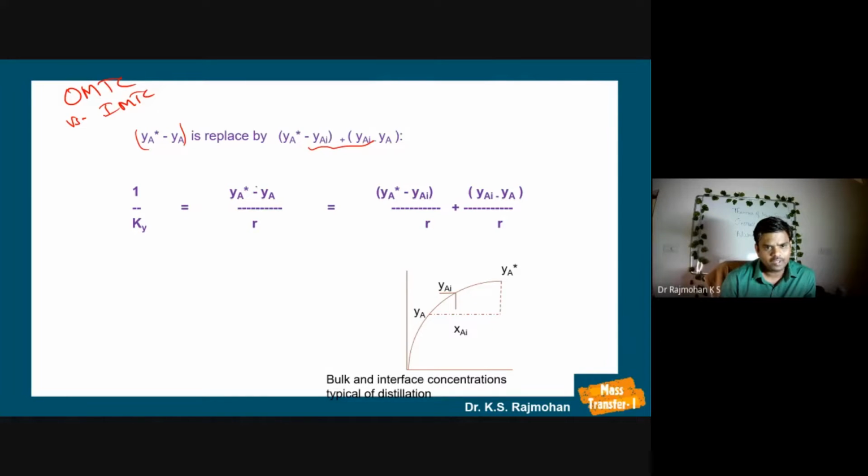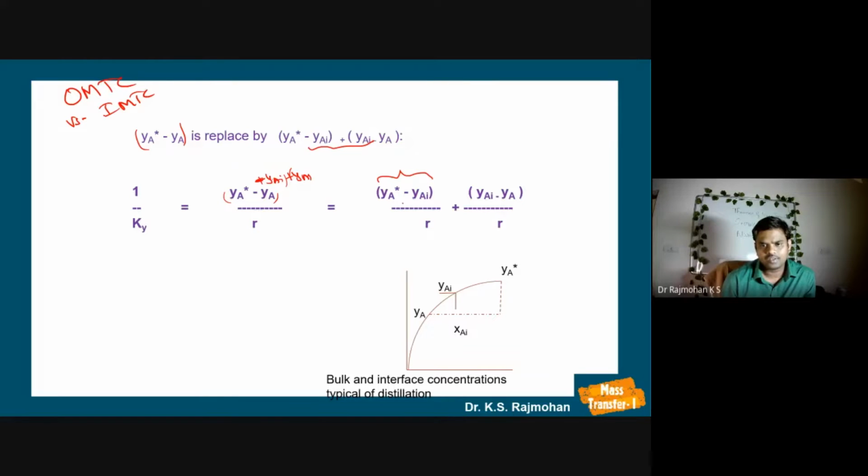Replacing with minus yai plus yai, we can write it as two terms: ya star minus yai divided by r, plus yai minus ya by r.